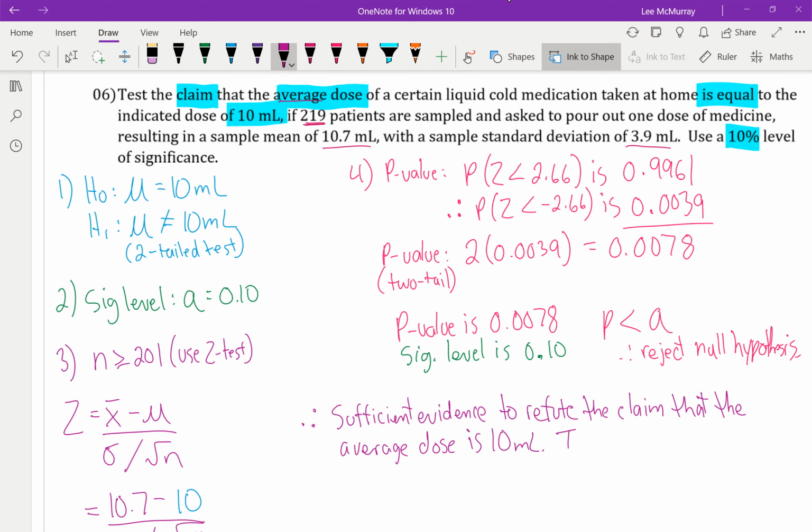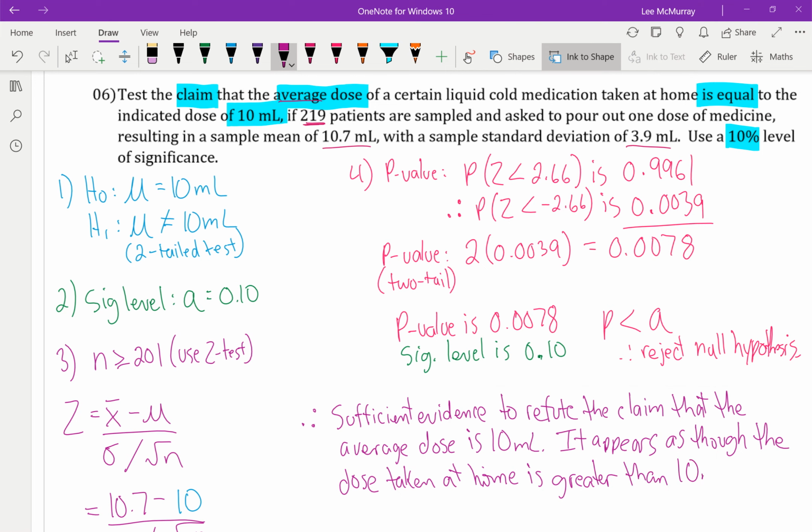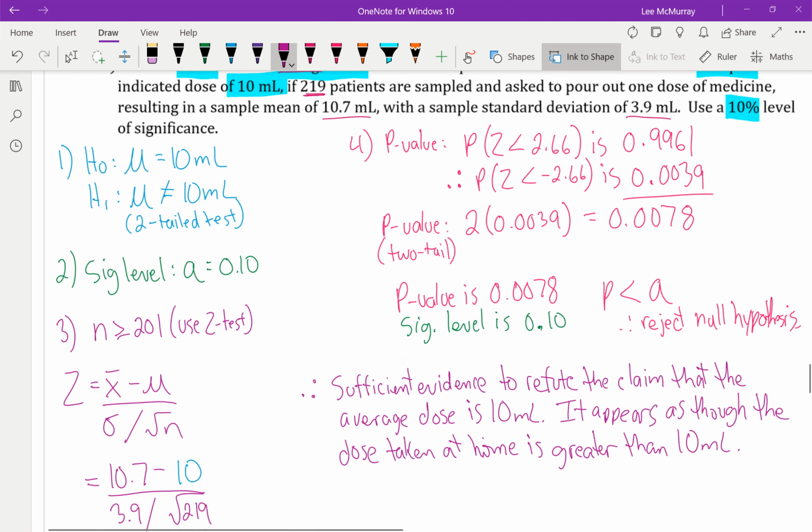Okay, it appears, and we can say that's just based on our sample mean because our sample mean was higher, we can say it appears as though the dose taken at home is greater than 10 mils. So everyone at home cannot measure, they're overpouring their medication, which is not good.